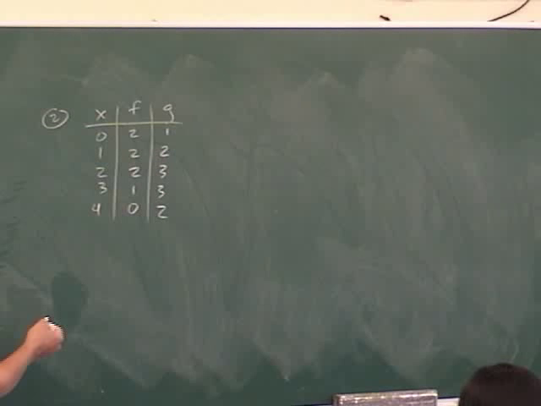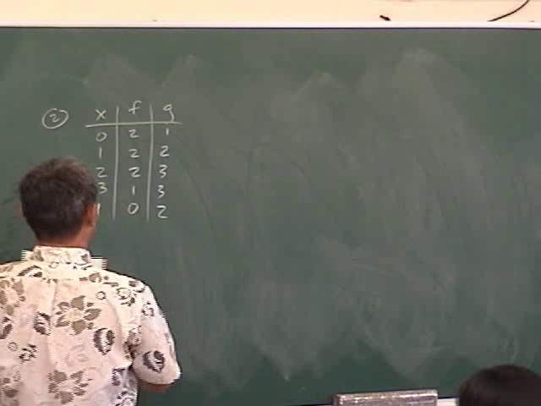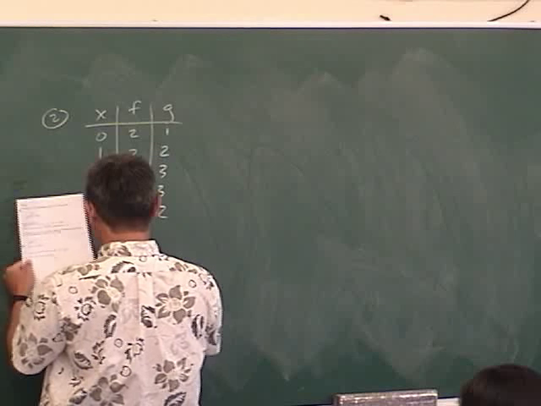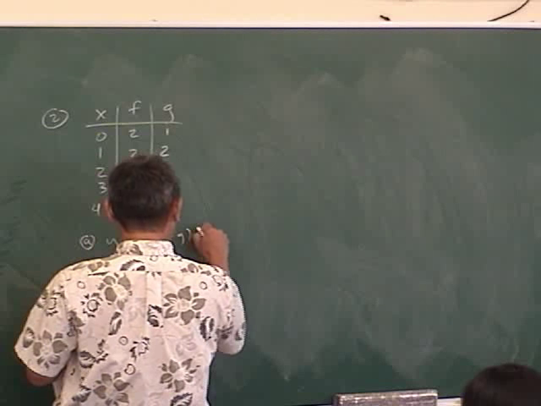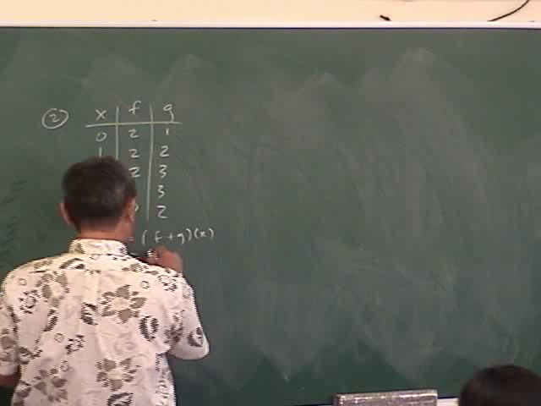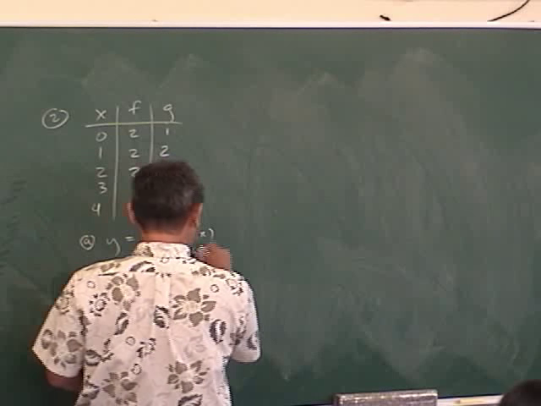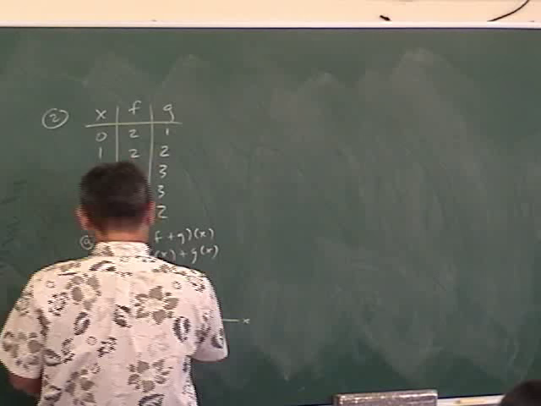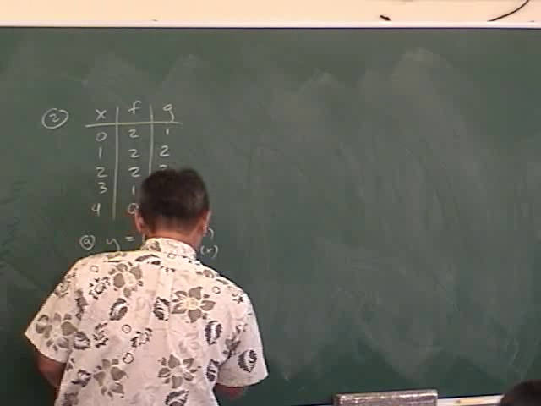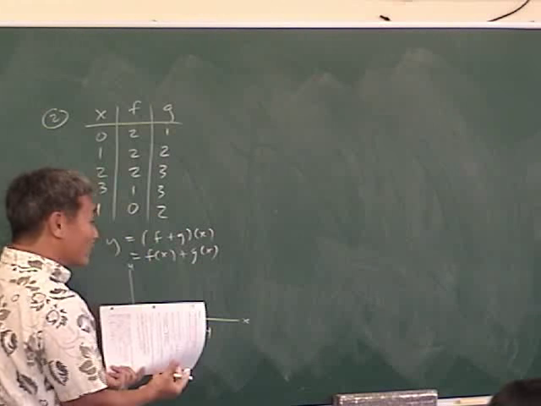Now, if you make a chart like this, then isn't it easy to do these things? For example, I'm falling into your web of deception again. I'm just going to end up doing them all. Y equals f plus g of x, which means f of x plus g of x, which means you just add the 2 y coordinates together.